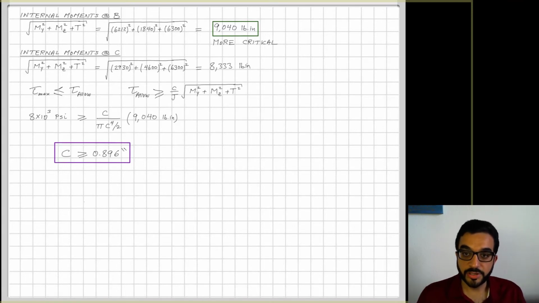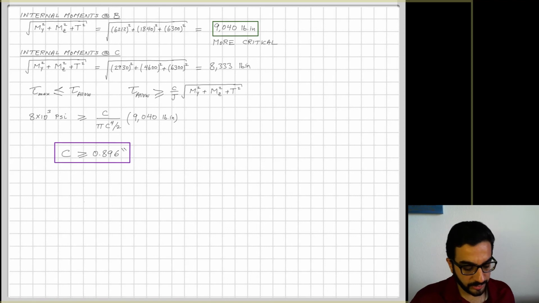In our case, we didn't have a clear call, so we had to evaluate two points, by getting the resultant of MY, MZ, and torque. Pick the largest, plug it in, and you end up with the radius and diameter of the transmission shaft. All right, that's it for this topic.